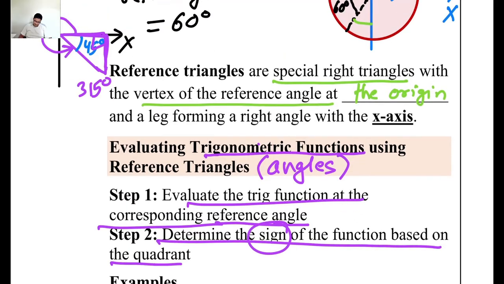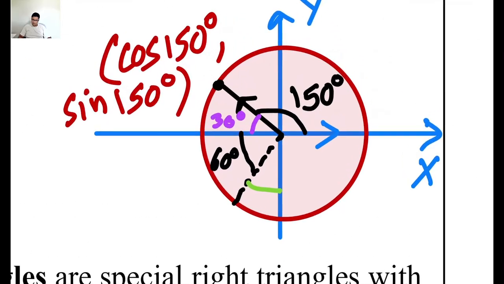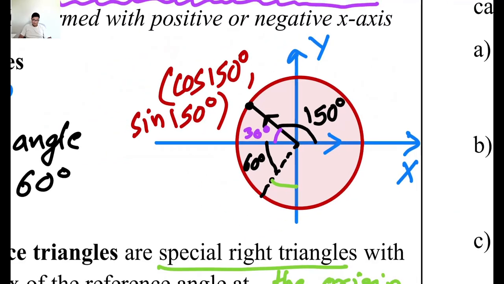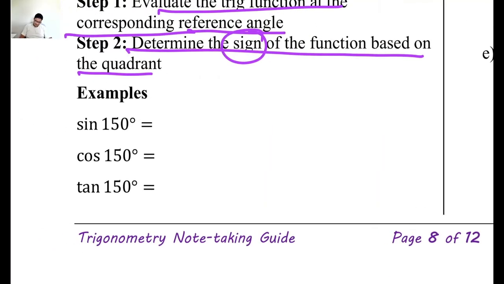150 degree. Let's go back to this diagram that I drew here. For 150 degree, the reference angle is 30 degree. Right? So what I'm going to do, sine 150 degree is basically sine 30 degree.